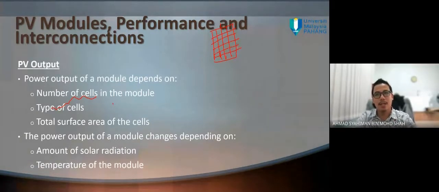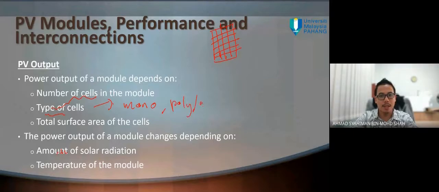Dia assemble mengikut size, watt berapa banyak nak. So that's why kalau lebih besar modul tu, lebih banyak lah solar cells yang kecil-kecil rectangle tu, yang disambung-sambung. Then the type of cells, macam saya cakap semalam, whether monocrystalline ataupun polycrystalline ataupun multicrystalline.